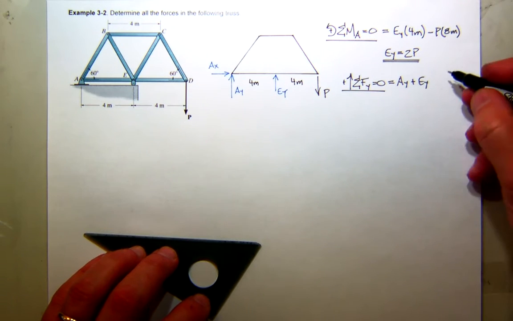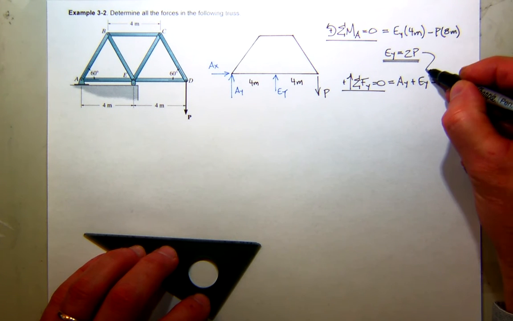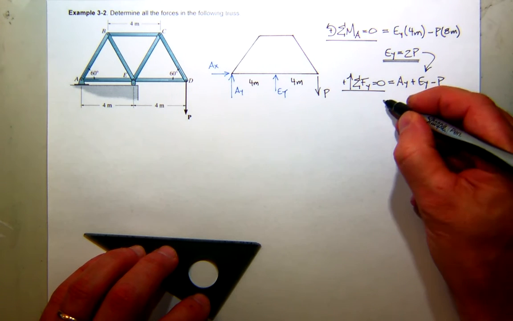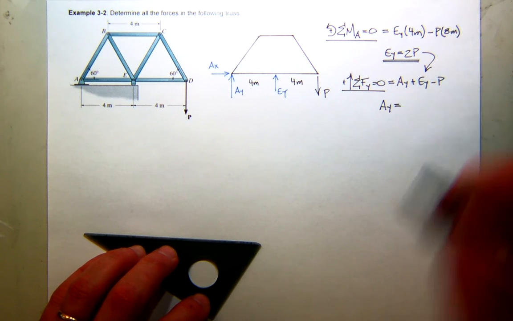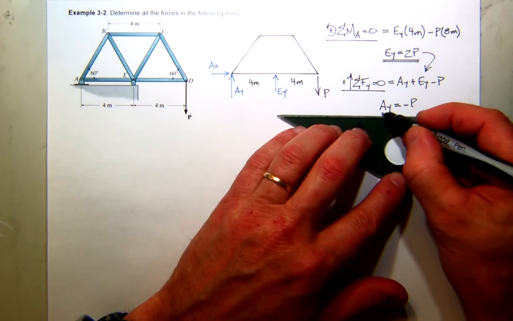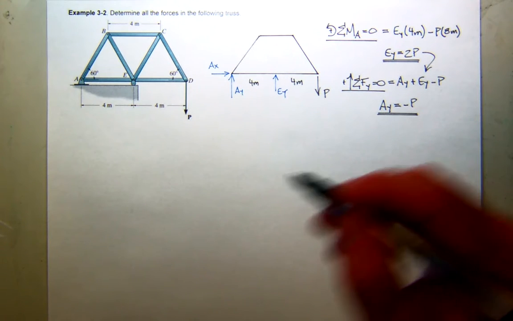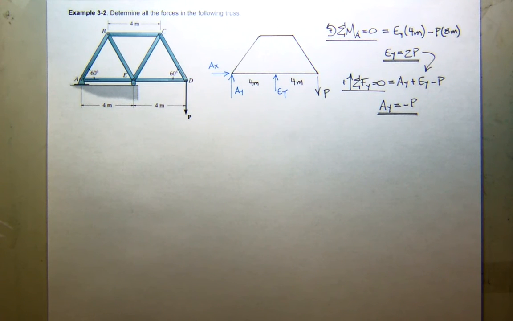P. And it's down, so that's going to be negative. So I can plug my EY right into there. I should be able to solve for AY. And it looks like the answer is minus P. Interesting enough, that's the same kind of ratio we had on the previous problem. I don't know, it just worked out that way. That's not a pattern that you should see every time.